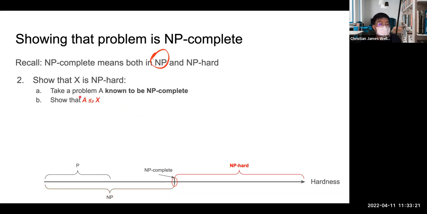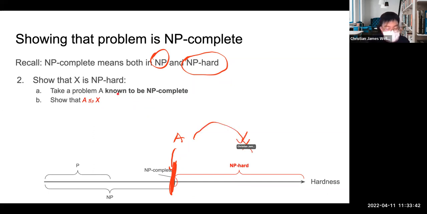The second step is to show that it's NP-hard. How do you do that? I've mentioned this earlier. You take a problem known to be NP-complete, a problem known that fits right here already. Then you show that you can reduce from A to that problem X. And maybe it's worth reminding you, what's a reduction?